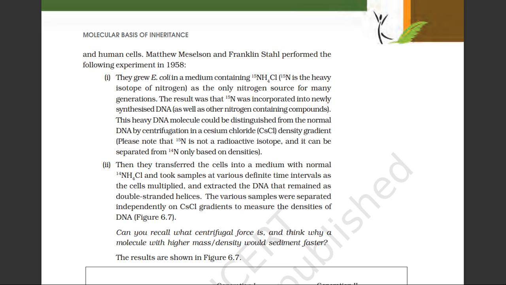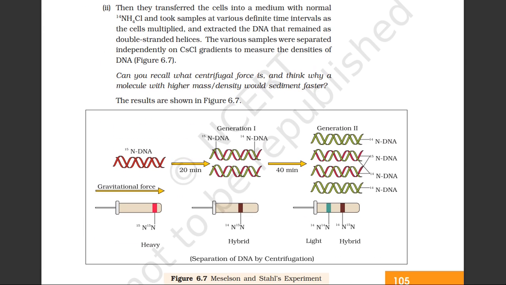The various samples were separated independently on CsCl gradients to measure the densities of DNA, figure 6.7. Can you recall what centrifugal force is and think why a molecule with higher mass density would sediment faster? The results are shown in figure 6.7.